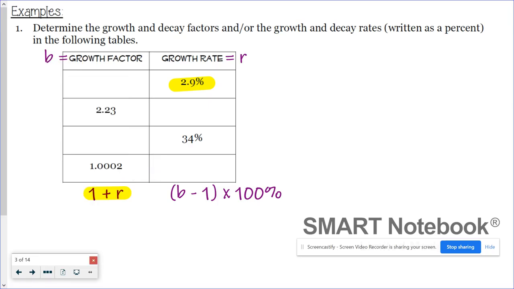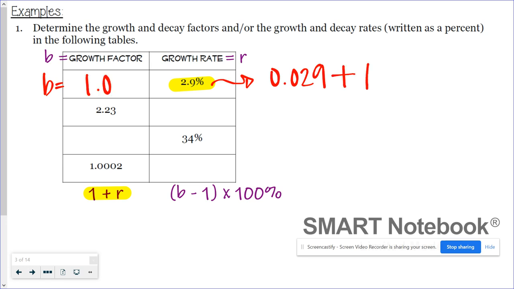Remember, we must first convert 2.9% into a decimal. This would be 0.029. I basically take the existing decimal point and move it 2 to the left. So my growth factor, my b value, is going to be equal to 1 plus that. If I go 0.029 plus 1, I would get 1.029.